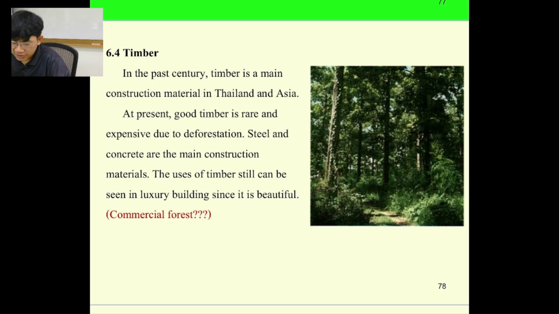But right now we cannot find really good trees anymore, because wood has turned to a really high price, and only rich people can buy it and put it into their house.